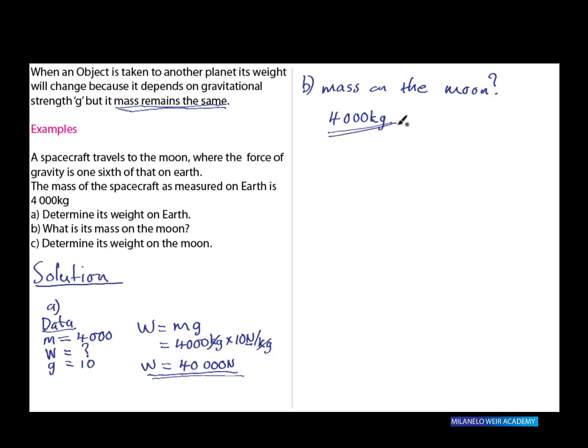It will always be the same. C, determine its weight on the moon. Data: weight question mark, right? The mass remains the same, remember, is 4,000.